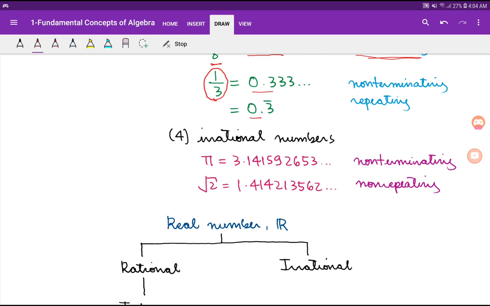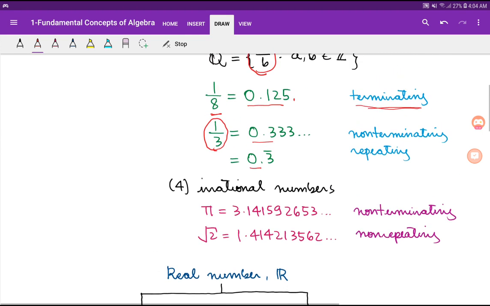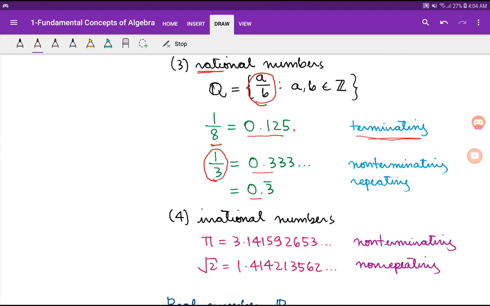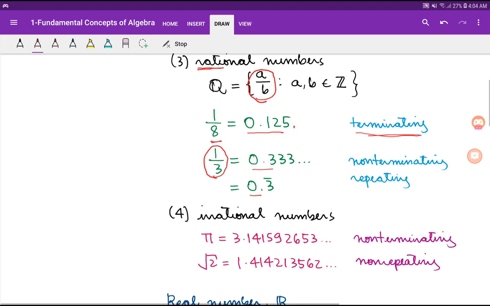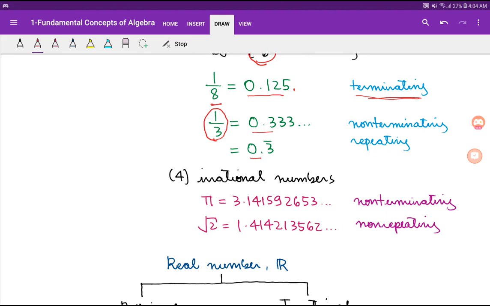The last kind of numbers in the real number system is irrational numbers. An irrational number is simply a number that cannot be expressed as a fraction or a ratio. There are many irrational numbers, but the most famous are pi and the square root of 2.